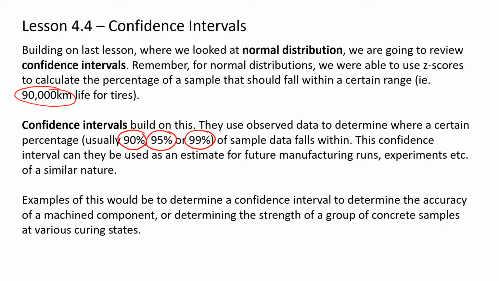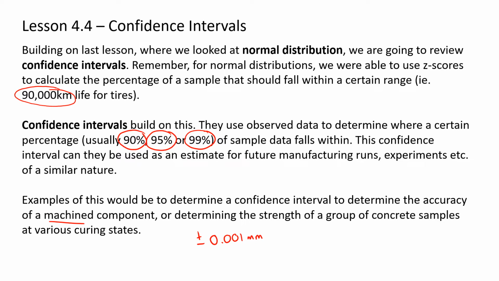So once you find a confidence interval using a set of data, you can use that confidence interval to estimate future sets of data. So whether it's future manufacturing runs, experiments you're doing, testing on machined parts or on concrete, etc. Examples of this would be if I want to determine the accuracy of a machine component, let's say plus or minus 0.001 millimeters, or to 1/10,000th of a millimeter, something like that.